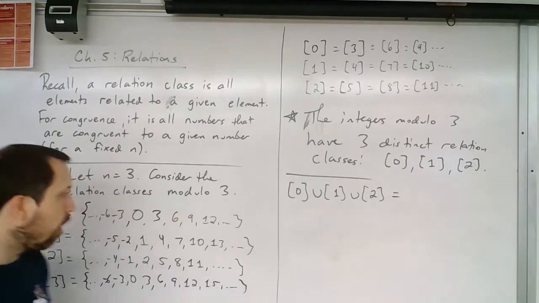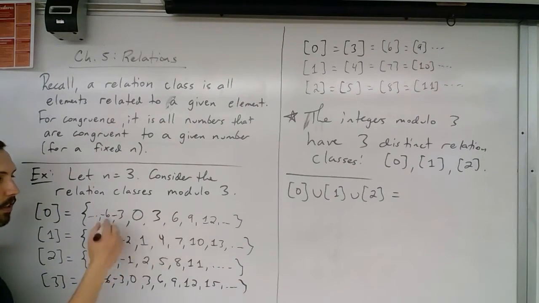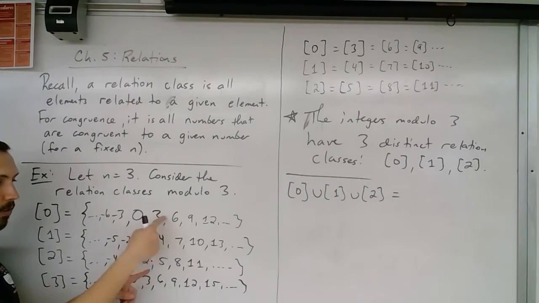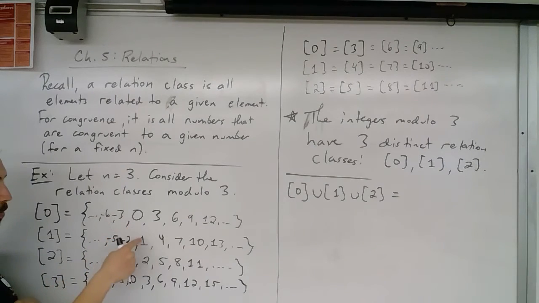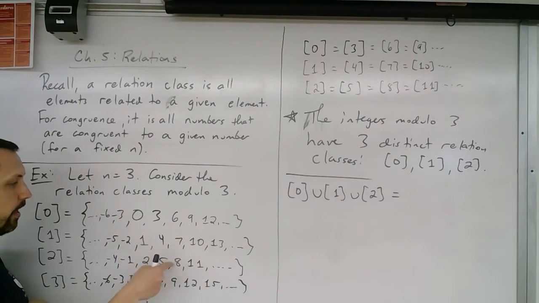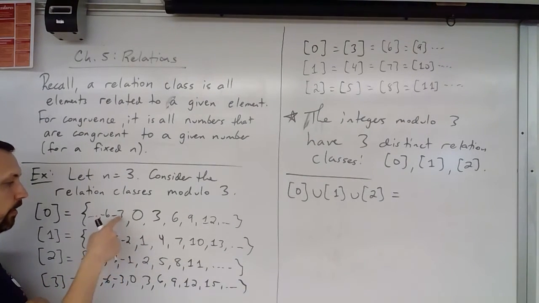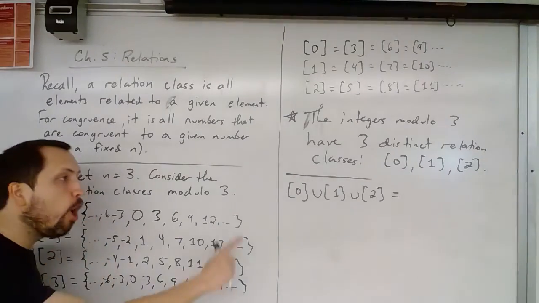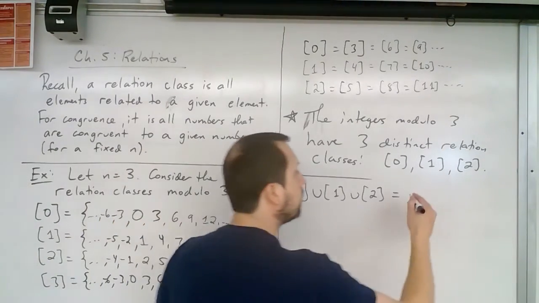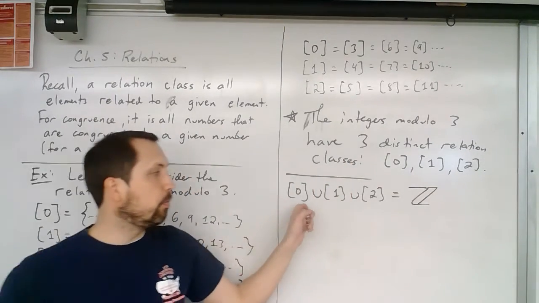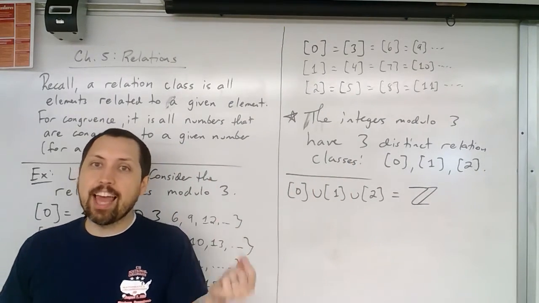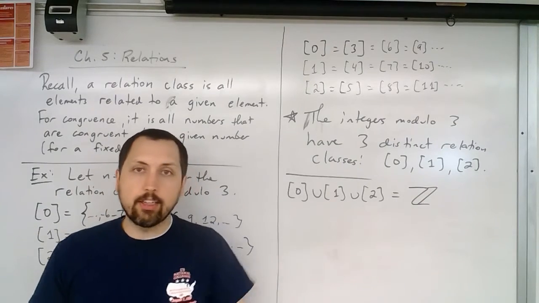Well, if we take all of these numbers, we take the union, so we include all of them. Well, we have 0, 1, 2, 3, 4, 5, 6, 7, 8, and we go in the negative direction, -1, -2, -3, -4, -5, -6. All of the integers are present. So we have this fact that when we put all of these 3 together, we get the integers.